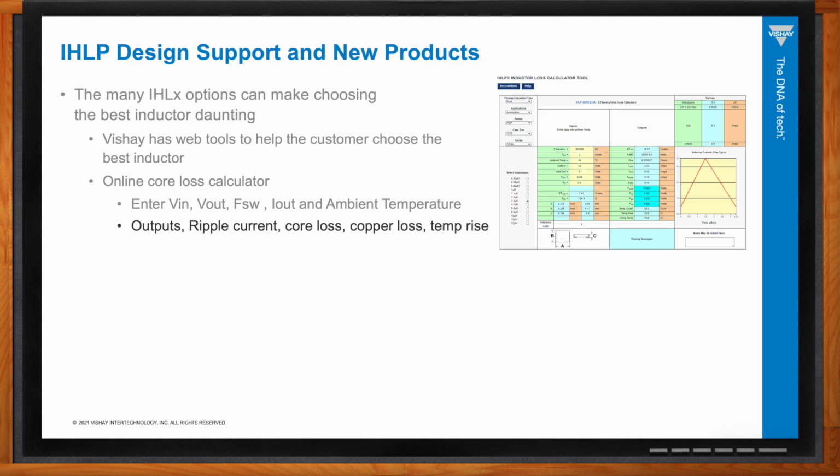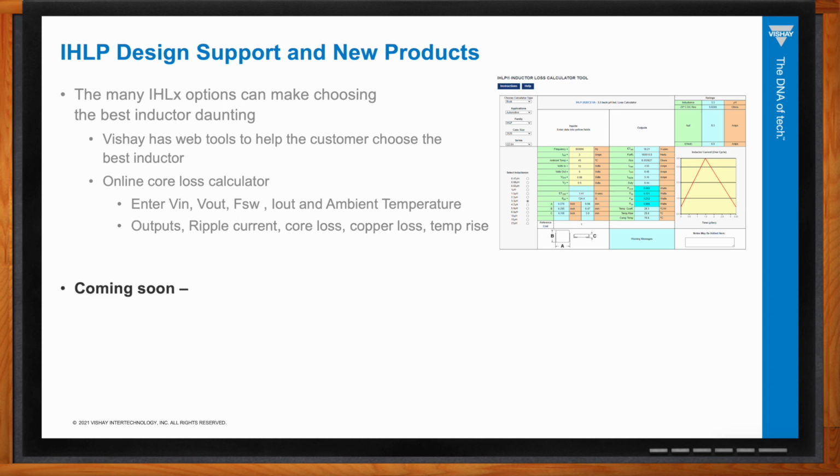You can see an example of what the printout looks like on the right-hand portion of the screen. It outputs ripple current, core loss, copper loss, and temperature rise. So the engineer can simply click around and choose different options for size, inductance, and different material and find the best solution for his application.